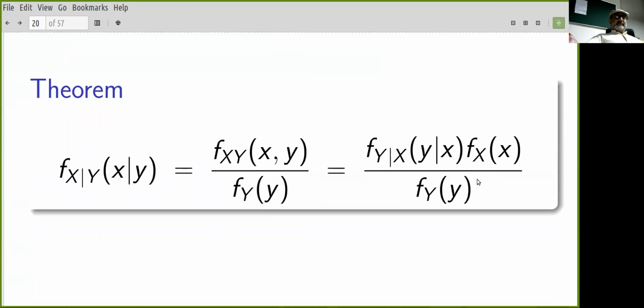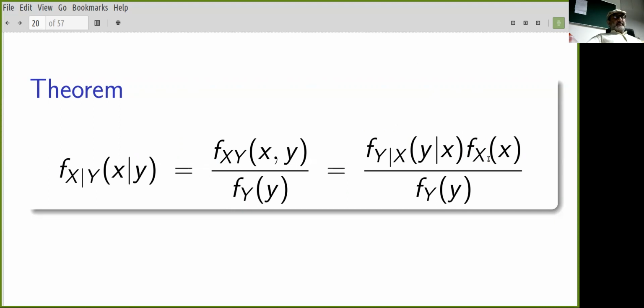Okay. Bayes' rule, as in the case of the conditional PMF, is the same for the conditional PDF. The conditional PDF for x given y is defined to be the joint for x and y divided by the marginal for y, and that's equal to, using the multiplication rule for the numerator, the conditional for y given x times the marginal for x.